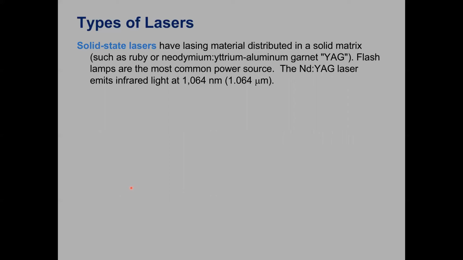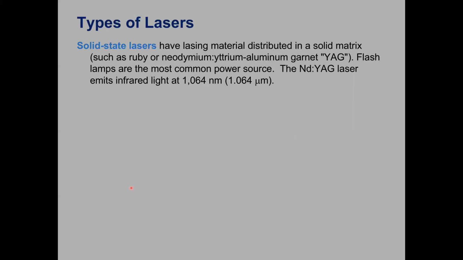The common one that's used these days and has a lot of applications is the neodymium yttrium aluminum garnet, which is called the Nd:YAG by those in the know. It's an infrared laser at 1064 nanometers, but you can also use some nonlinear optical properties that we haven't talked about yet in this course, and probably won't have time to, to change that frequency.